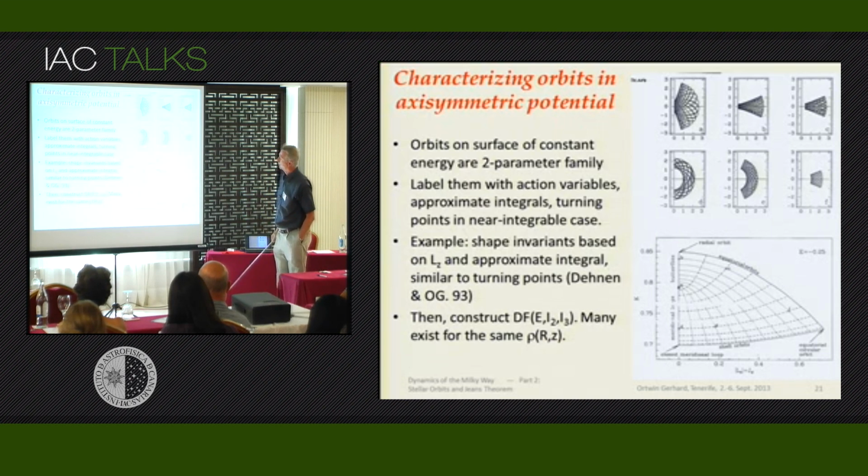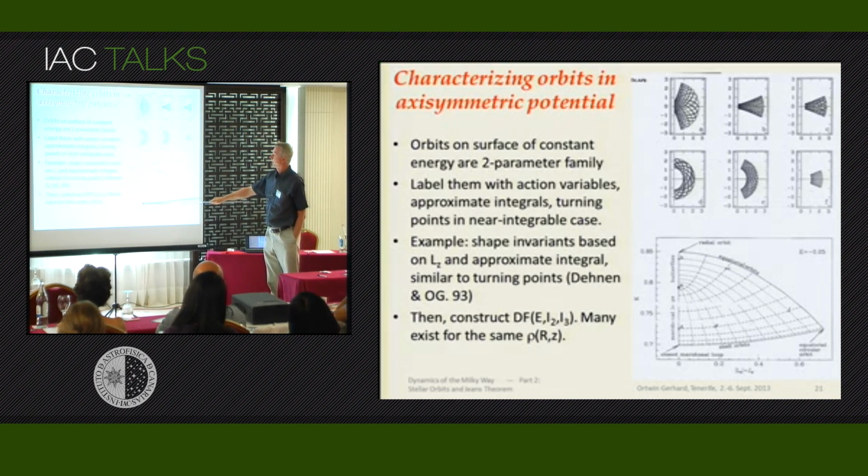And so one can construct shape invariants. There are some measures of how far the orbit extends in various directions here, and then you can plot the orbit space, and for example, these 6 orbits here from A to F would be found in this space on these various points. And this space is delimited by the set of orbits here, which are completely confined to the equatorial plane, so their vertical excursion is 0.